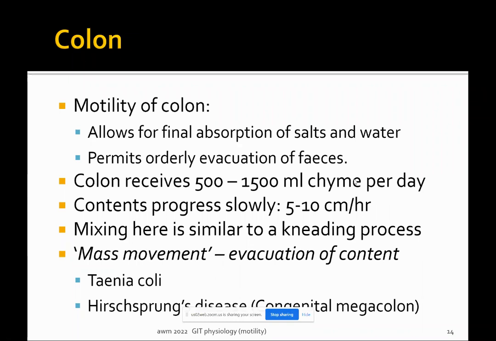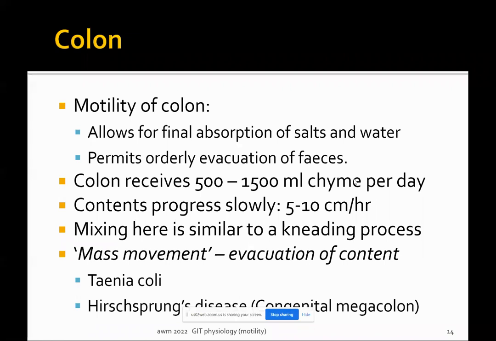And the colon mucosa is specialized in such a way that it absorbs water against its concentration gradient. Okay, so water is being absorbed along the entire length of the gut, but the colon especially is able to turn contents from semi-fluid to semi-solid because water can be absorbed against the concentration gradient of water.